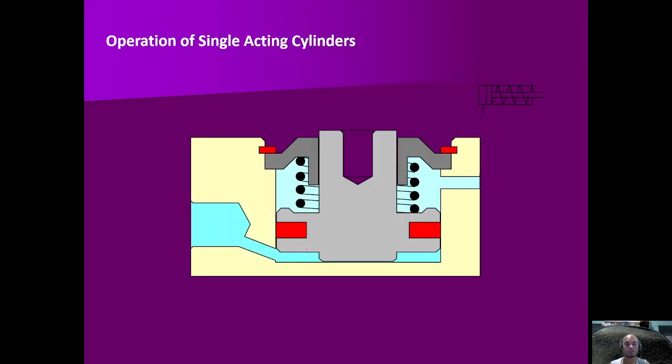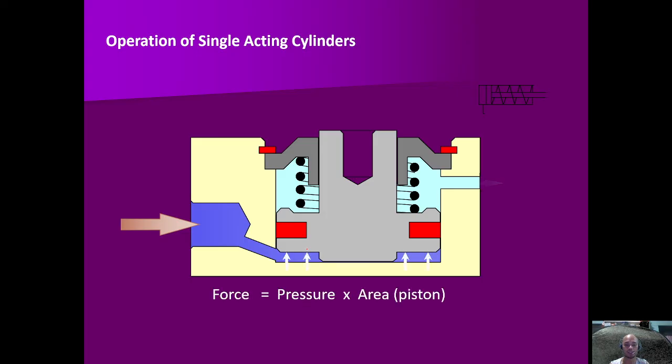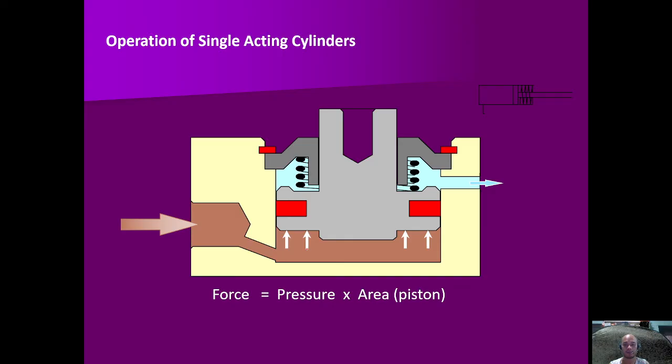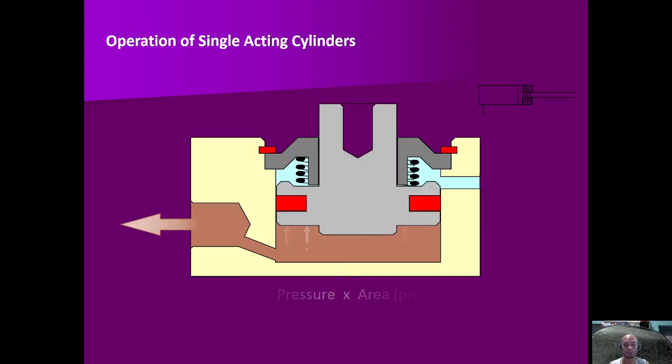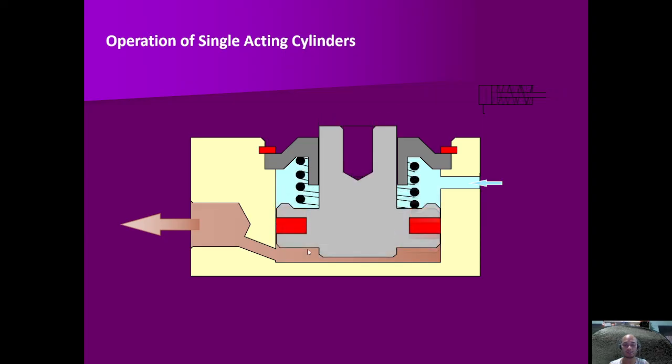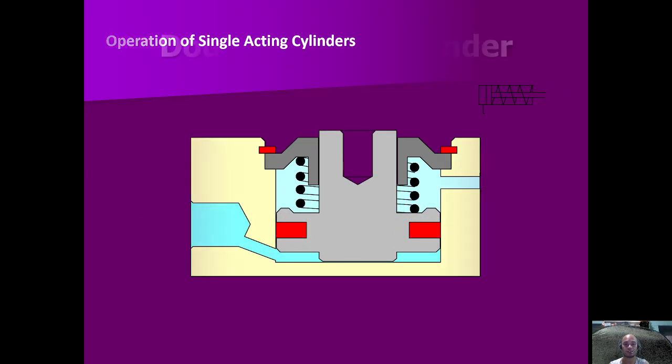Okay, so this is how it works. The air will push the piston up, but if there is no more pressure, the spring will push the piston down. So this is a single acting cylinder.